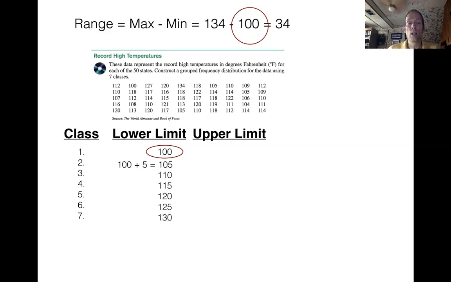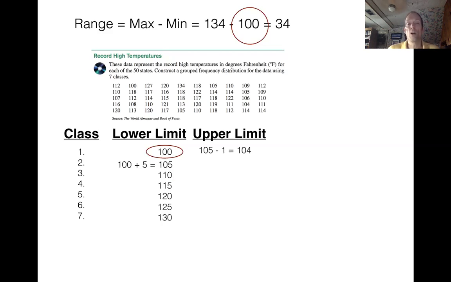And then I'm going to start to figure out the upper limits. So the upper limit of class 1, I need to figure out how to get that. All I really know right now is that the starting point of class 2 is 105 degrees. But I don't want to make my upper limit of class 1 equal to the lower limit of class 2, because that could get me in trouble. So to prevent any overlap, I'm going to take 105 degrees and subtract exactly 1 from it.